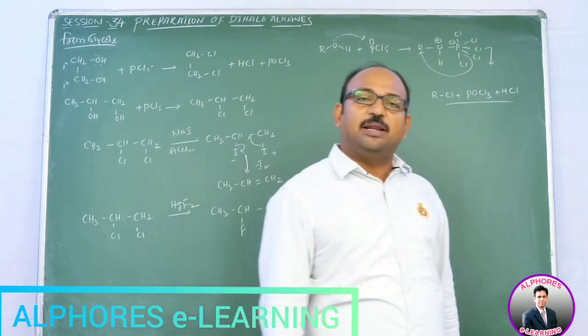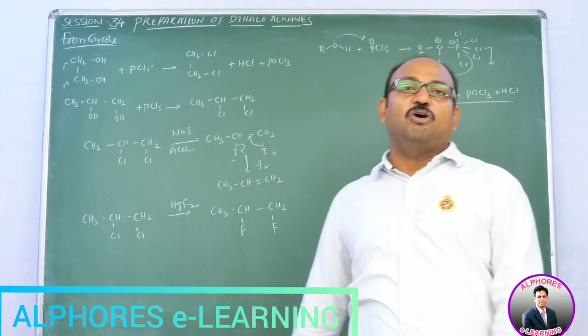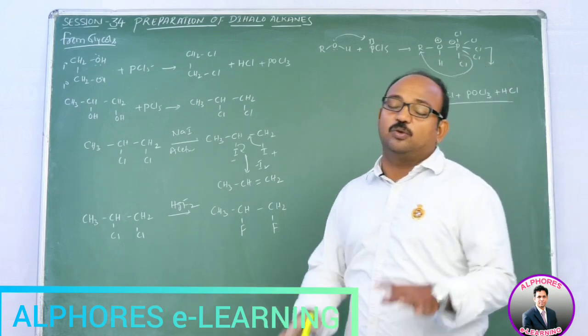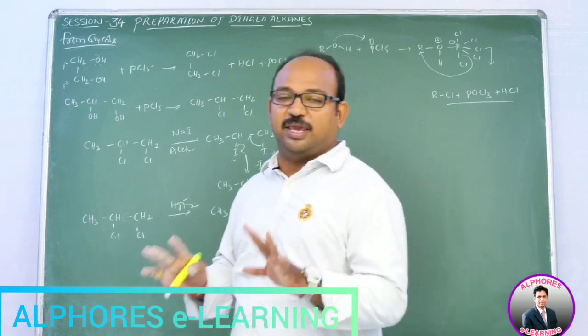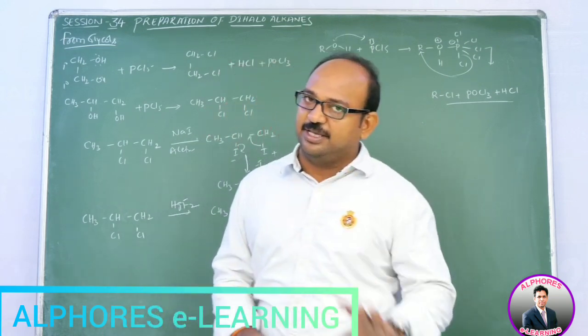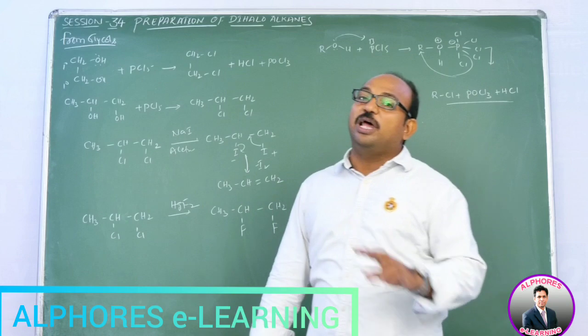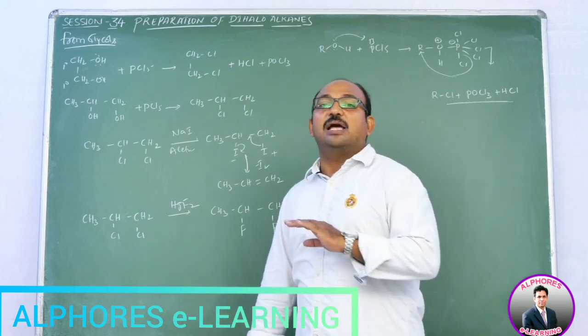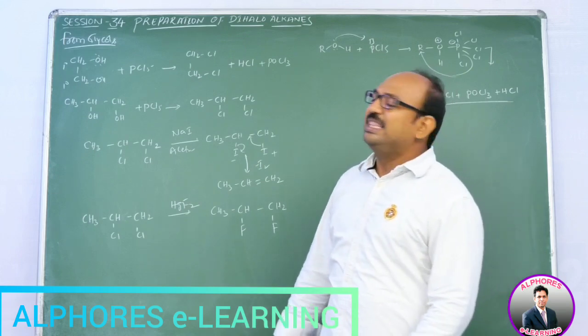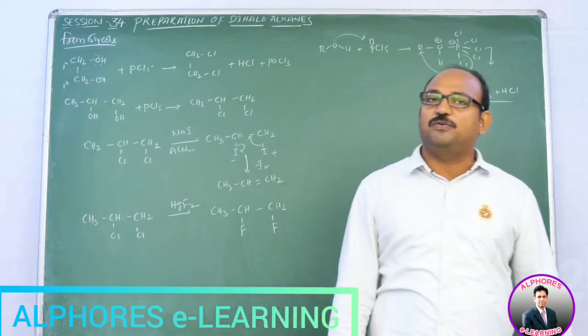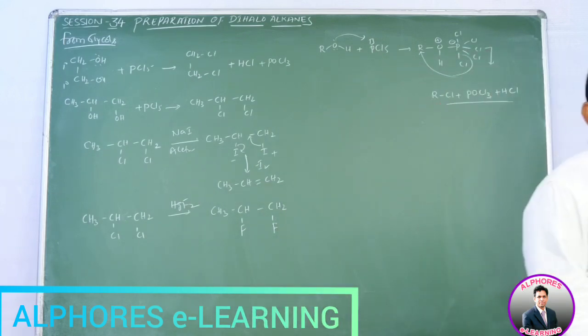So we can prepare 1,2-dichloroalkane, 1,2-diiodoalkane and 1,2-difluoroalkane by the halide ion exchange method. But 1,2-diiodoalkanes are unstable; they readily convert into alkenes. These are the methods of preparation of gem and vicinal dihalides.